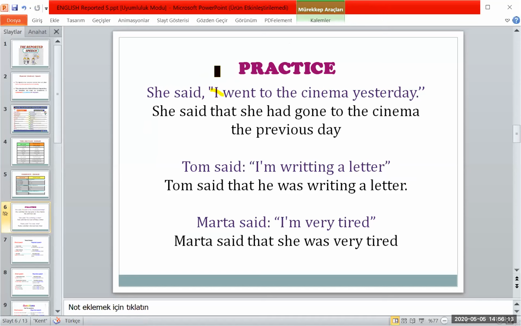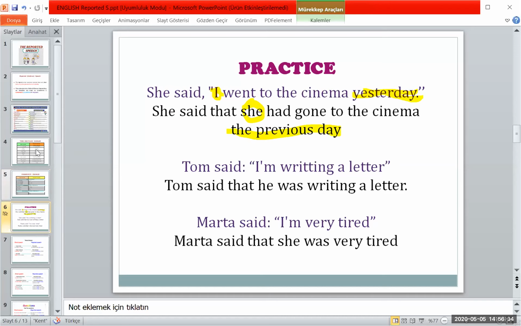See, it's I, and yesterday. See how they changed in the sentence. She said that she, this I changed into she, okay? And yesterday changed into the previous day.